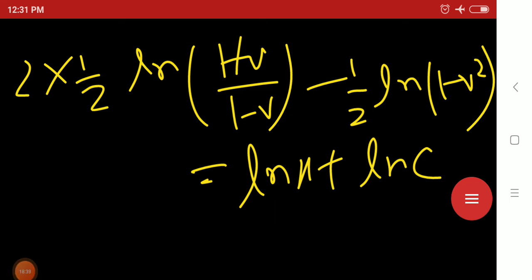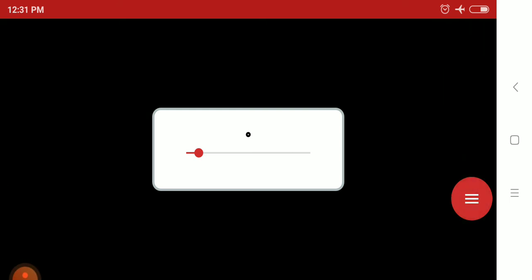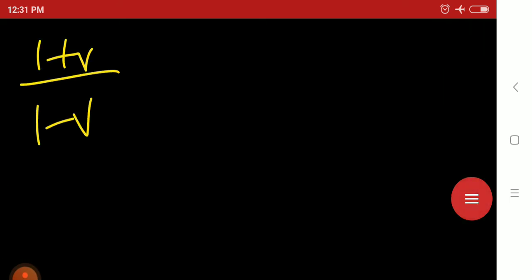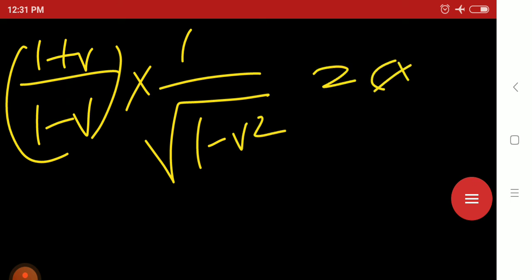So at last, by simplifying it, you will get 1 plus v by 1 minus v into root over 1 by 1 minus v square equals cx. We are very near to the solution.